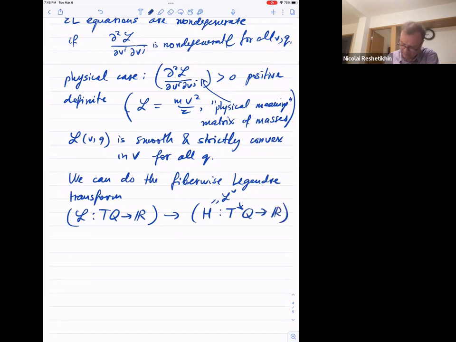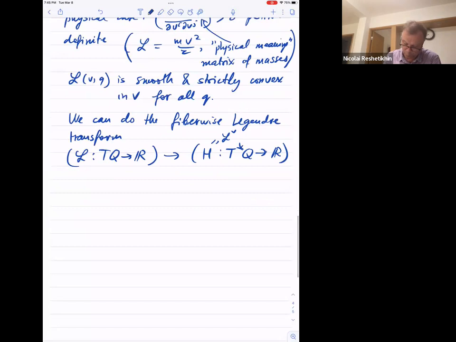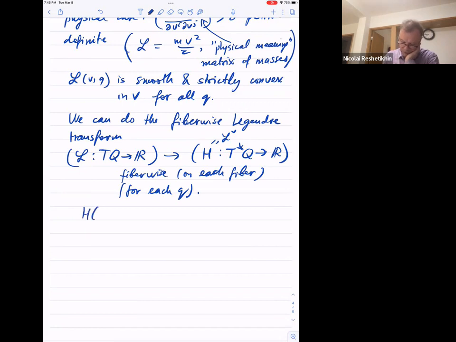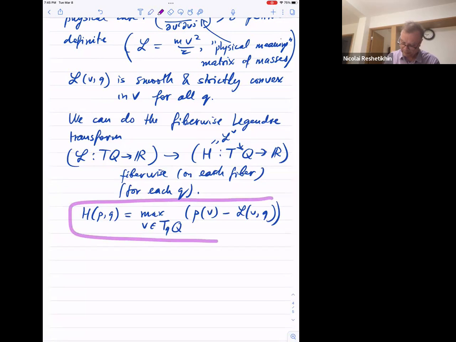And it's a pointwise transform in the sense that it's fiberwise, on each fiber, that is for each q. So the definition, just the same as the definition above, is the maximum over v in the tangent space to our configuration space of p v minus L. p now is a vector in the cotangent space. So this is the definition of the Hamiltonian function.